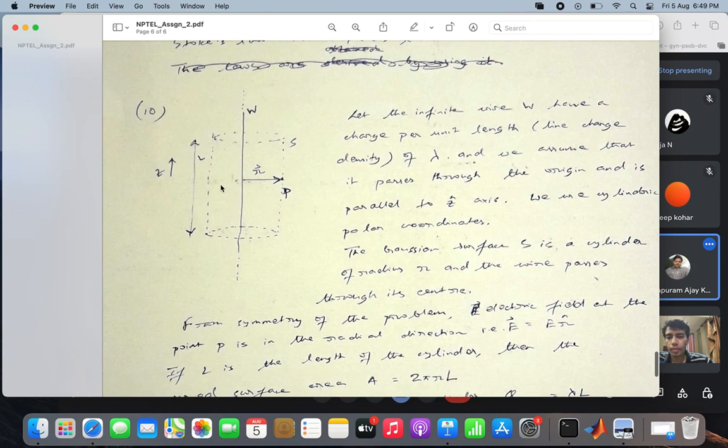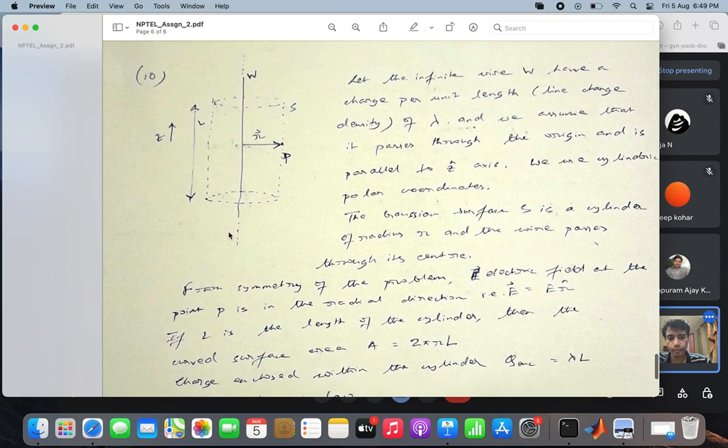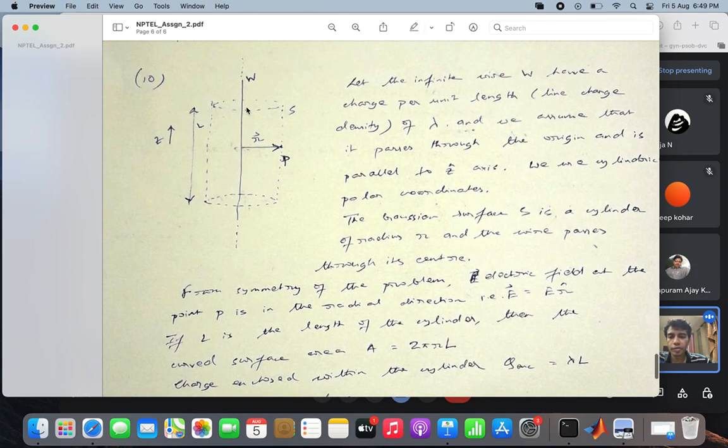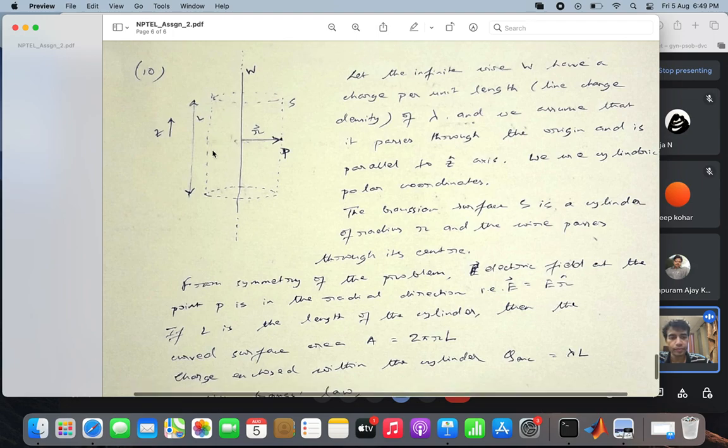So the Gaussian surface here is a cylinder of length L and radius r, such that the surface penetrates the point P at which I am going to calculate the electric field. From the symmetry of this problem, we know that the electric field at some distance from the wire is always in the radial direction, right?